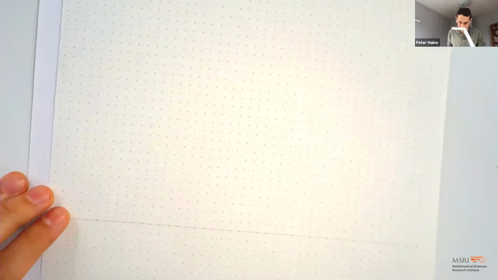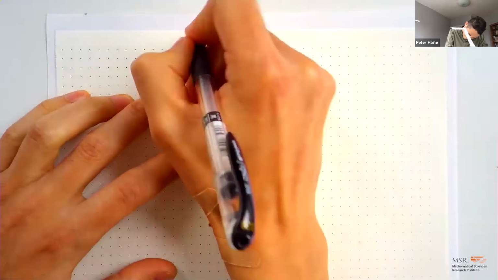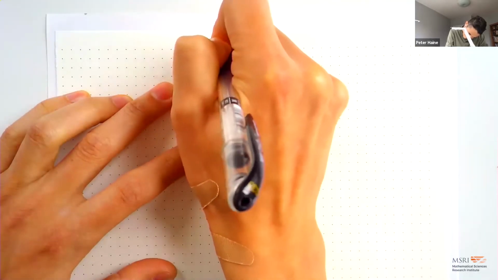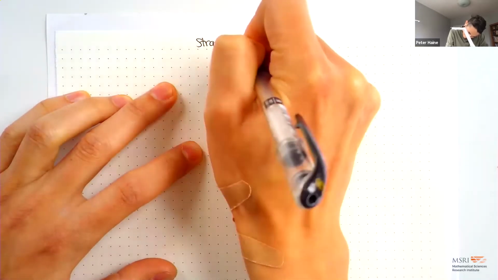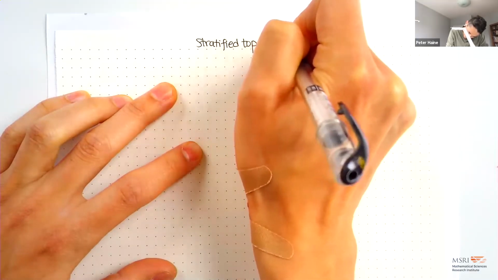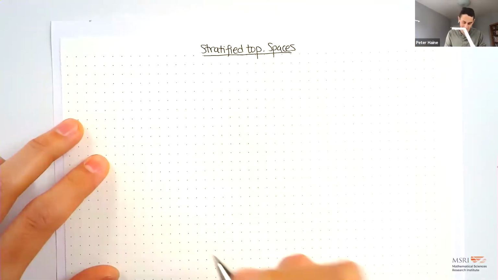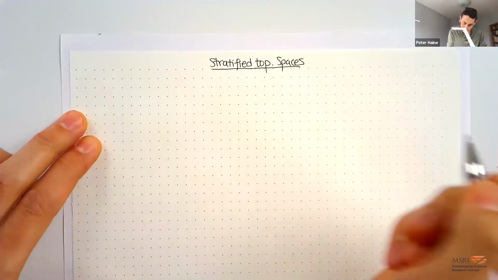Okay, so let me talk about stratified topological spaces now. And Clark has so nicely set me up for this already by talking about topologies on posets.